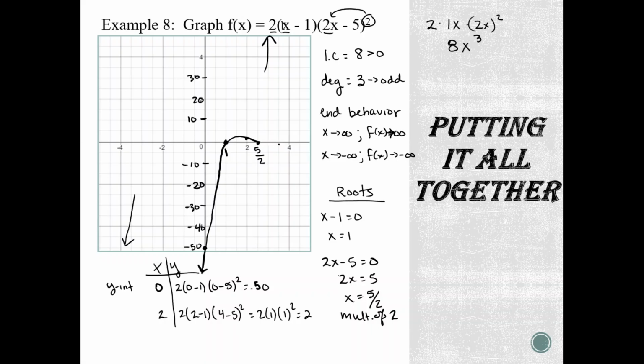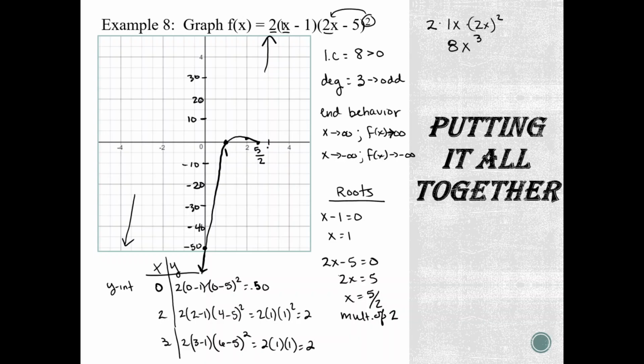Okay, now let's get one more value bigger than 5/2. So maybe we plug in a 3. So I'll have 2 times 3 minus 1 times 6 minus 5 squared, which is still 2 times 1 times 1, which equals 2.